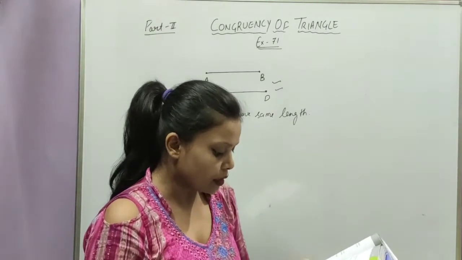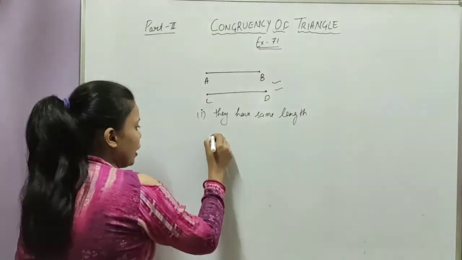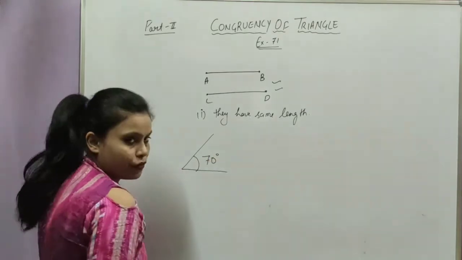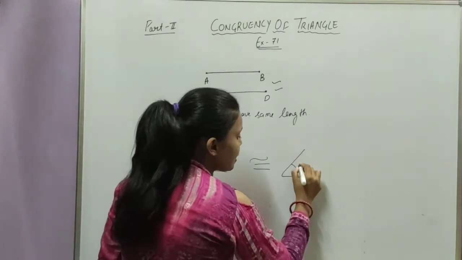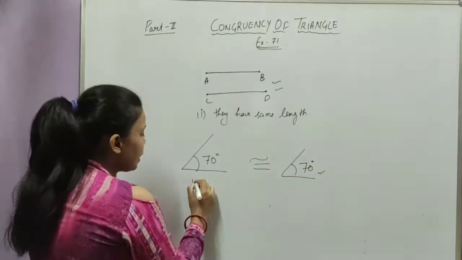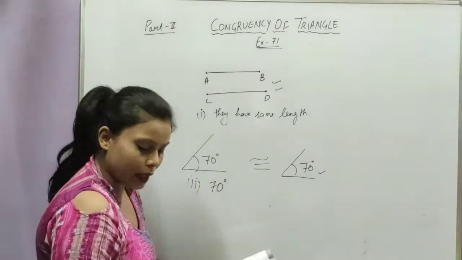Next is among two congruent angles, one has measure 70 degrees. The measure of the other angle is. So we know that if one angle is measuring 70 degrees, the congruent angle will also measure 70 degrees, right? So the answer will be 70 degrees. Okay.